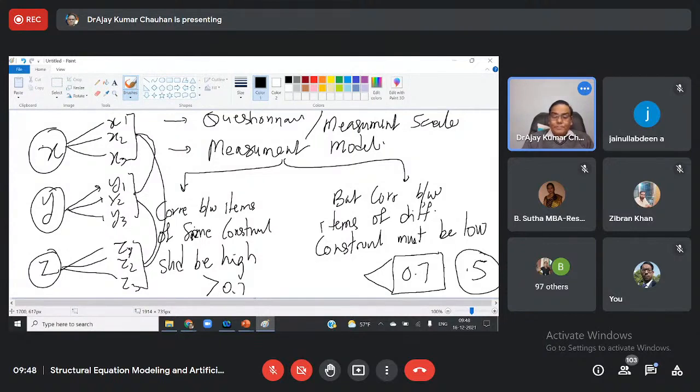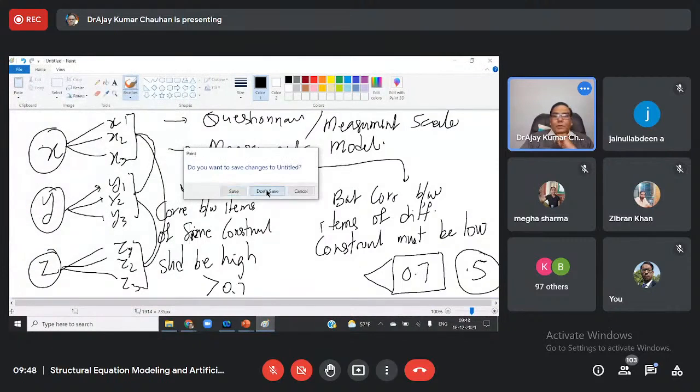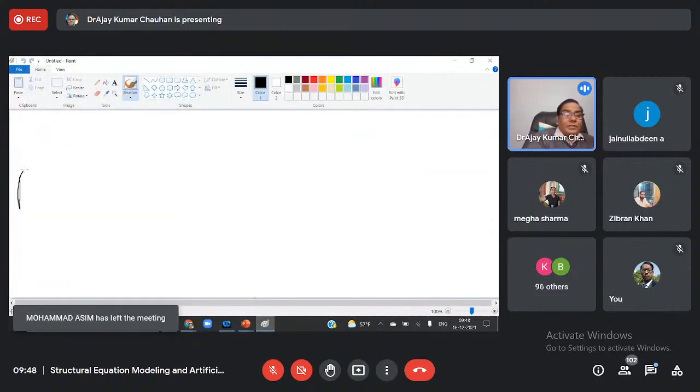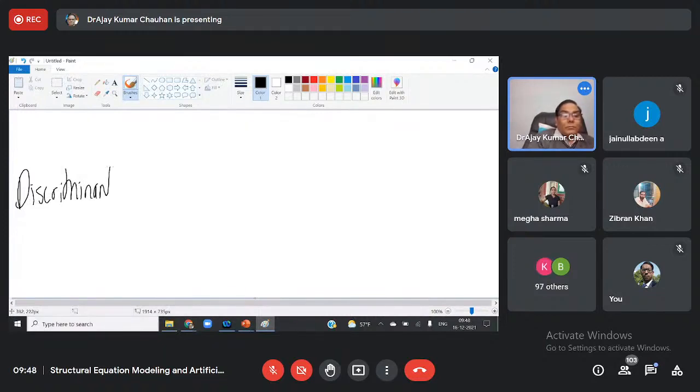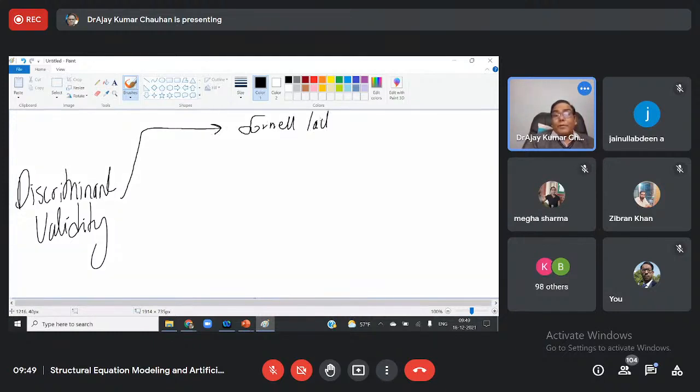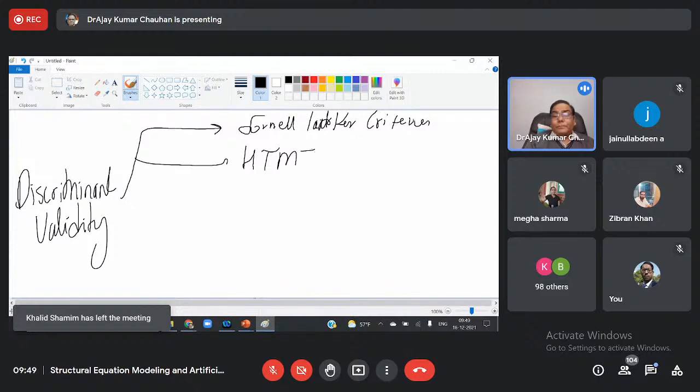Now the question is how to measure the discriminant validity. Discriminant validity is measured with the help of, one, the Fornell-Larcker criteria. The second is the HTMT ratio.